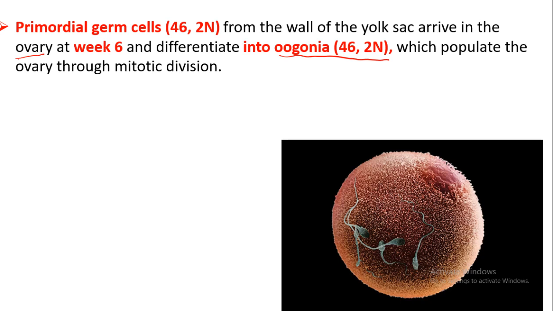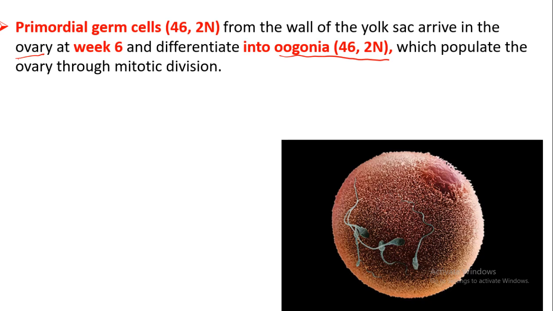So at week 6, the primordial germ cells travel from the walls of the yolk sac to the ovary, where they undergo differentiation, and when they differentiate, they produce oogonia.